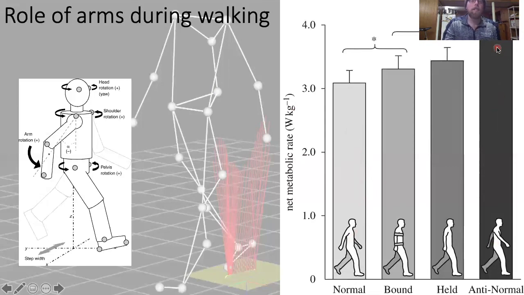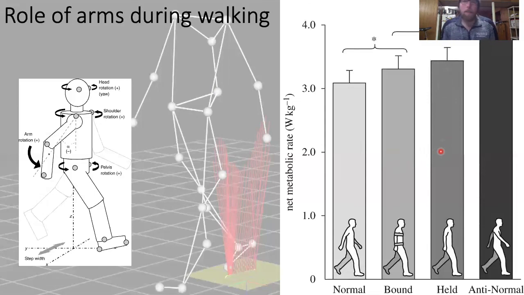It was the least efficient, whereas walking normally was the most efficient. Tying someone's arms to their sides makes them less efficient, and then holding your arms to your side. Why was this a little bit higher than this one? Well, they were having to really focus on using muscular contraction to hold their arms to their side. They didn't have ropes doing it for them.